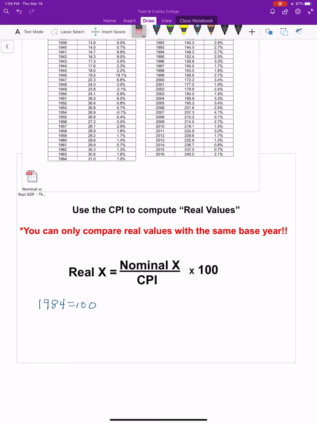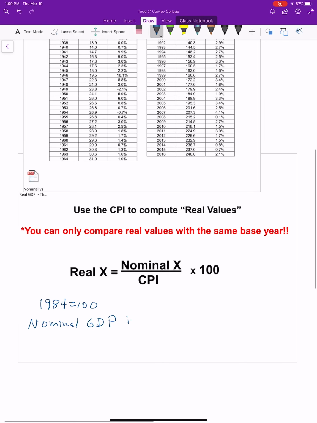All right, let's give you the information that nominal gross domestic product in 2003 is going to be $8,362 billion.